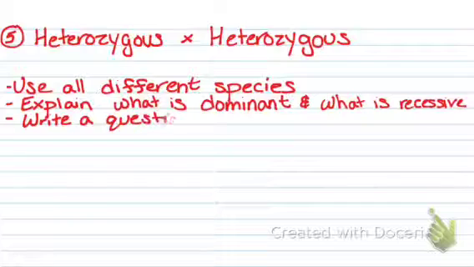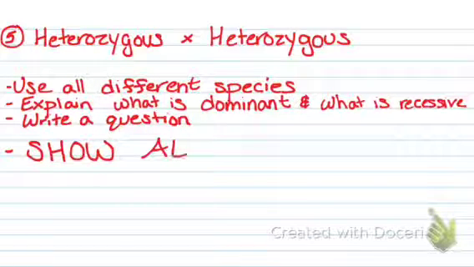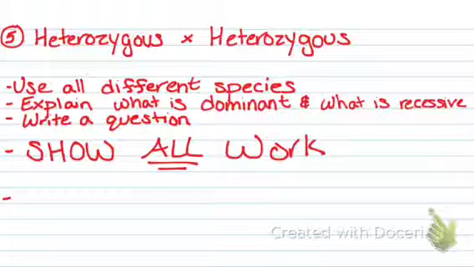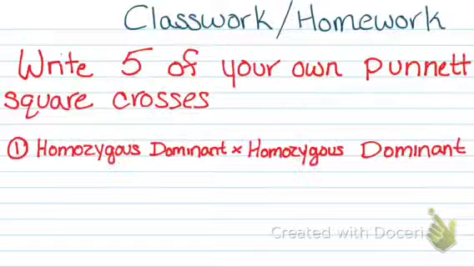After that, you'll write a question and show all work when you're solving this question. So, I'm going to give you an example. Your first homework question is to cross a homozygous dominant and a homozygous dominant.